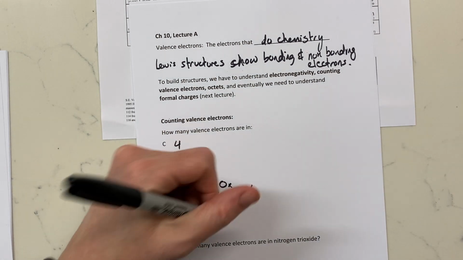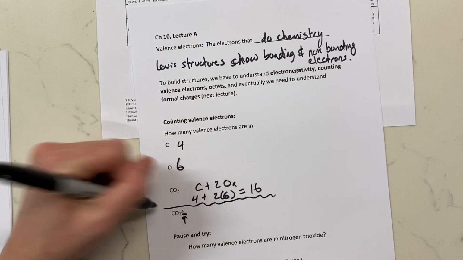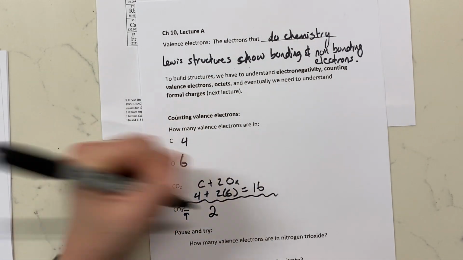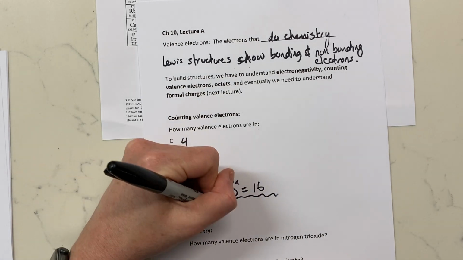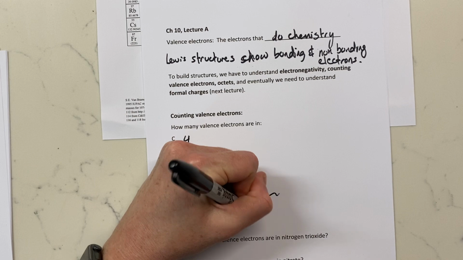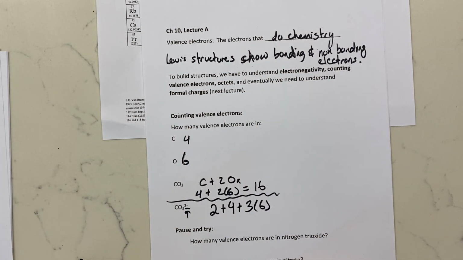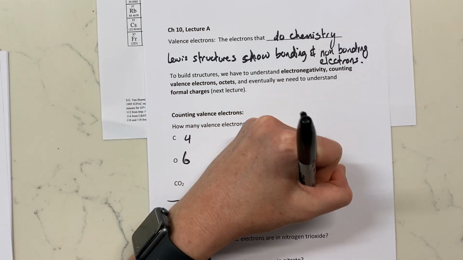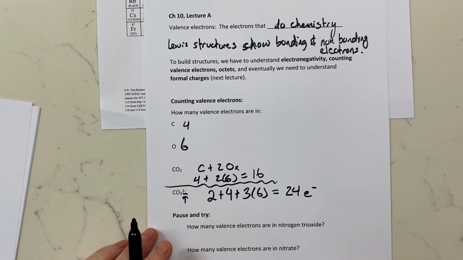Make sure you don't forget that, because it's really easy for you to do, really easy for me to do. So I look at this carbonate ion, the first thing I say is, hey, there's 2 extra electrons, plus the carbon, we get 4 from carbon, plus the 3 oxygens. Each one of those is 6. And then you can add them up. Essentially, it looks to me like we got 4 times 6, or 24 valence electrons.